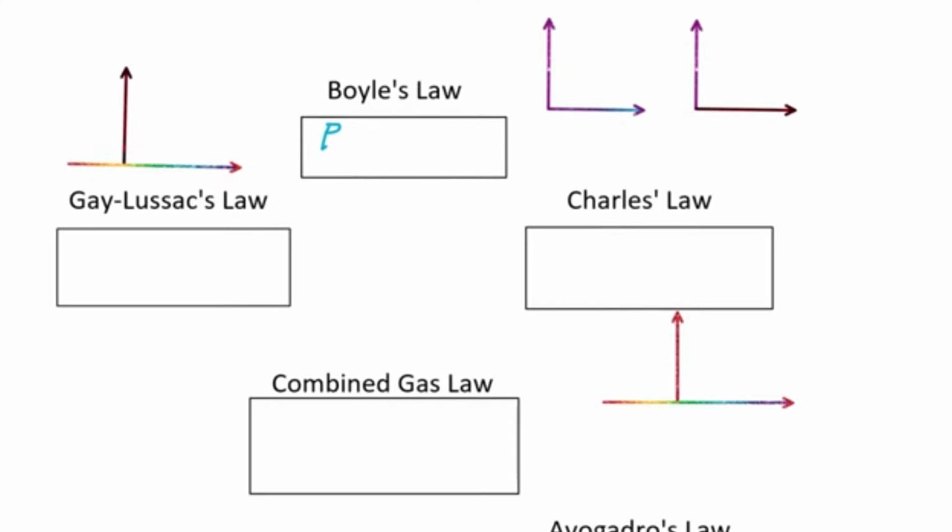So he noticed that there is an inverse relationship with those two variables, and when you integrate the constant, which is KB, we actually have a formula that we frequently use, which is as follows: P1 multiplied by V1 equals P2 multiplied by V2.